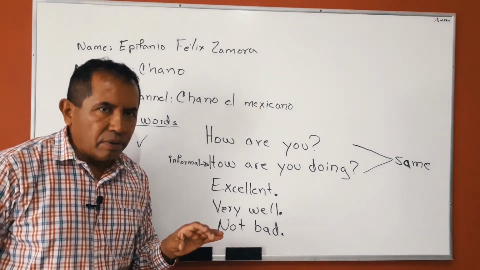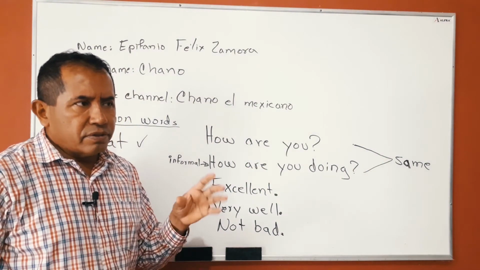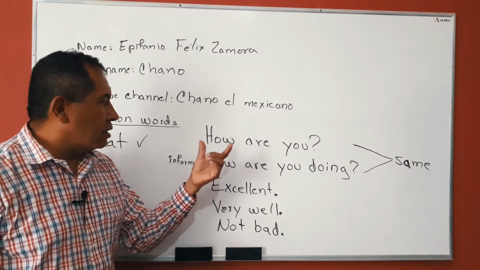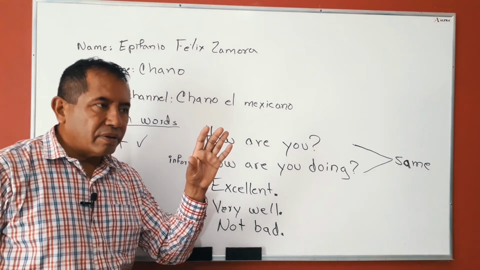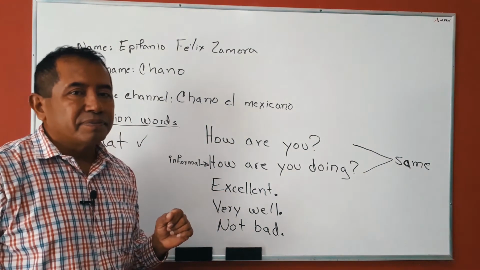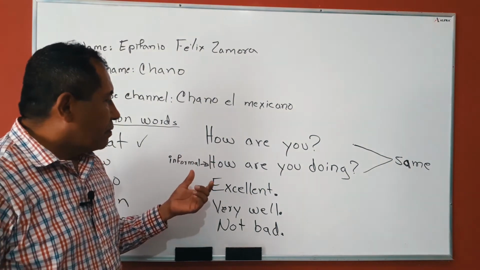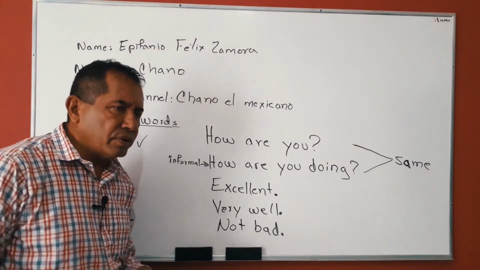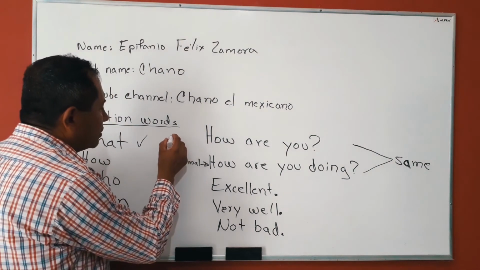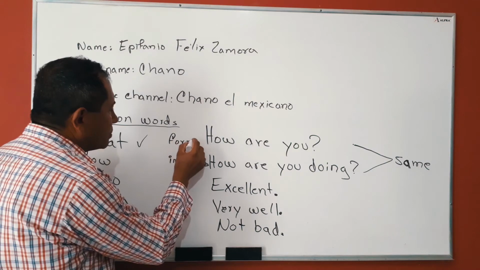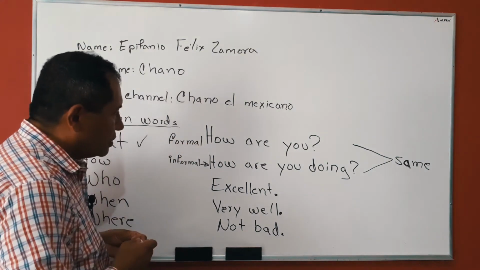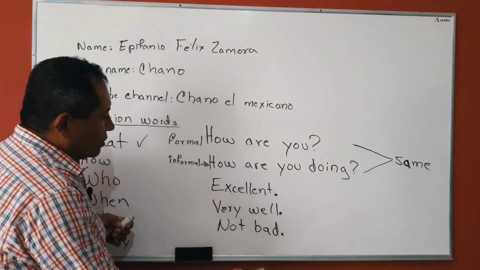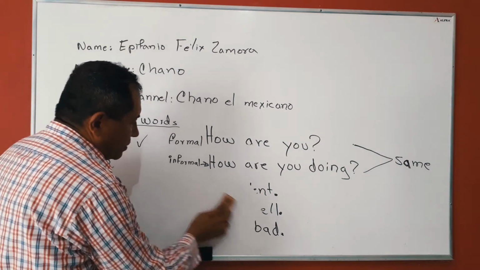But if you don't know the person, maybe it's someone new for you, a neighbor, you say, hi, how are you? Right? But if they are your friends, hi, how are you doing? This is formal. It's a formal way to ask. Okay, let's go to the next.